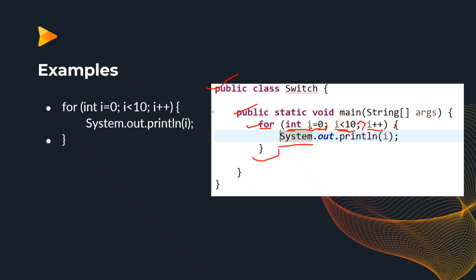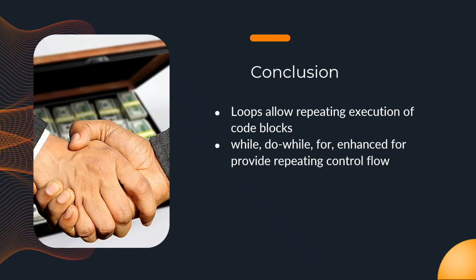Since i is 0, first of all it will print 0, 1, 2, 3, 4, 5, 6, 7, 8 and 9, and whenever it becomes 10 the condition will become false, and the flow will go out of the loop. So this is a for loop. Whenever the number of times we have to perform the task is known, we use the for loop.